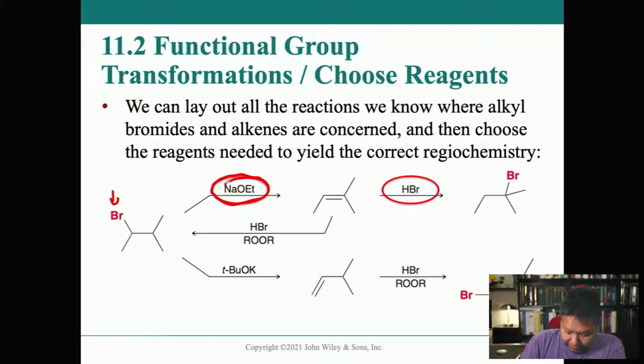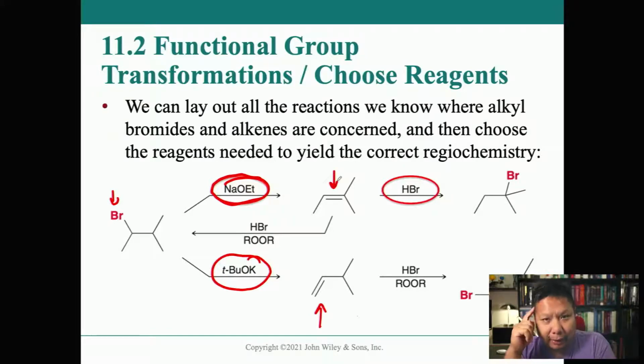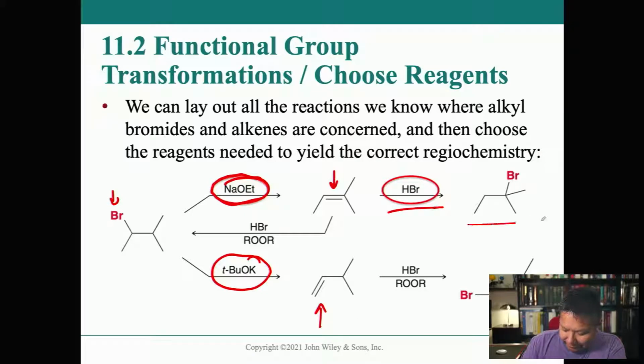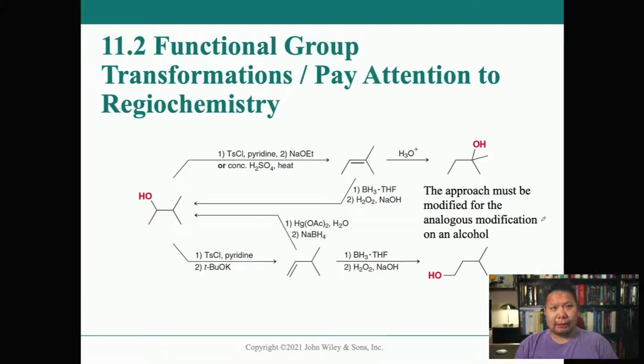It doesn't choose potassium tert-butoxide, because there you're going to get the Hofmann product. You need to get the Zaitsev product, which is the double bond in the middle. And then you can do a hydrohalogenation to get your bromine substituted at the most substituted carbon. So, easy two-step synthesis.